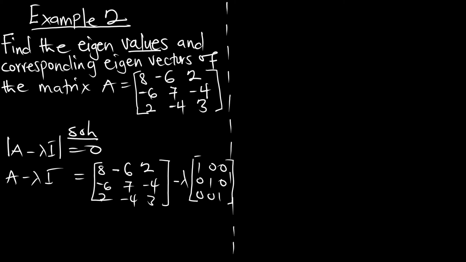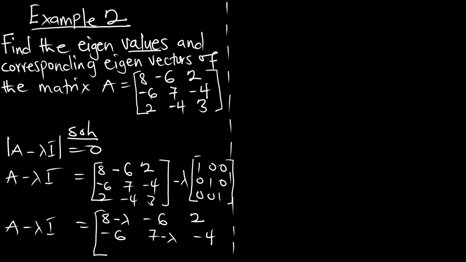So an expression for the matrix A minus lambda I is going to give us 8 minus lambda, negative 6, 2, negative 6, 7 minus lambda and negative 4, 2, negative 4, 3 minus lambda.